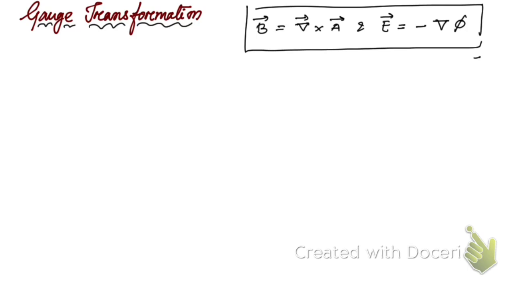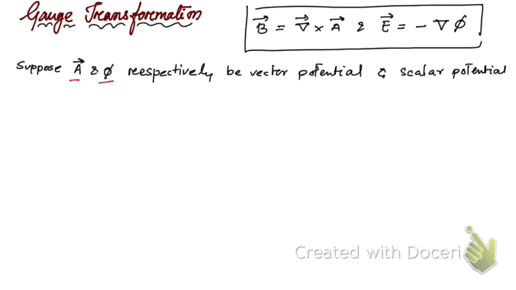let me write here. Let us suppose A and phi are respectively the vector potential and scalar potential, such that the vector potential A changes to A dash, and the scalar potential phi changes to phi dash.